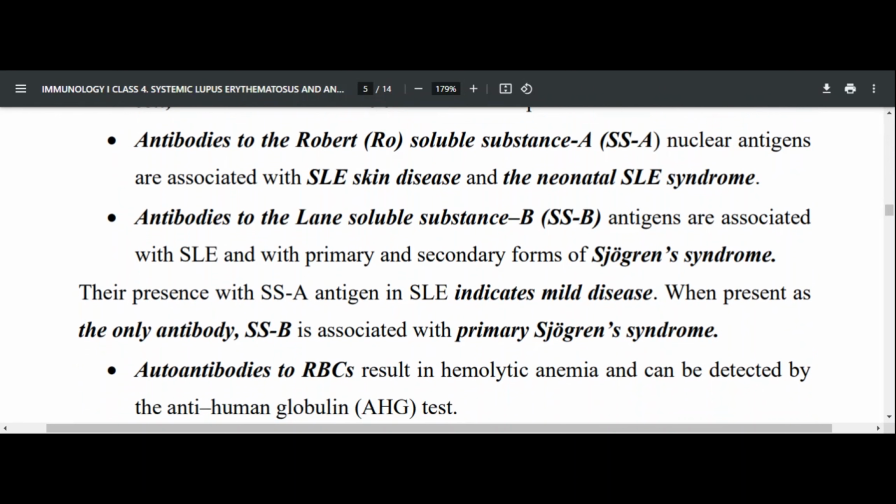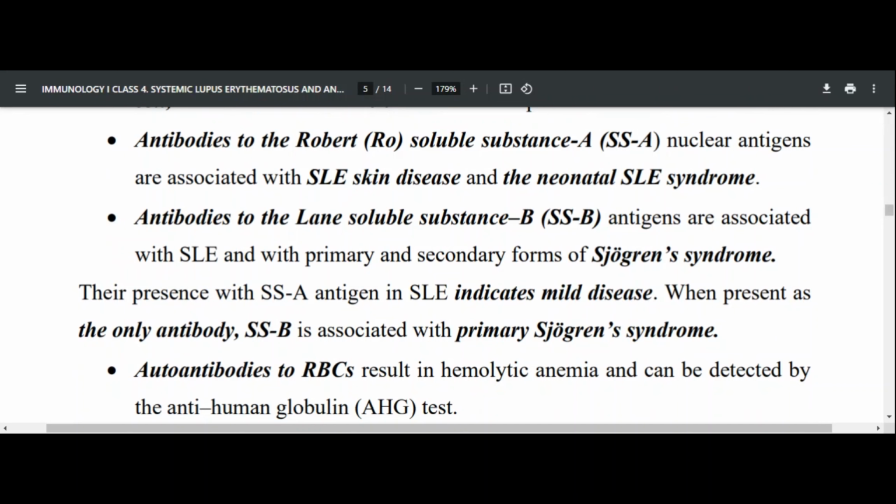Sjogren syndrome is, of course, an exocrine autoimmune disease. When it is involved as well, you also find anti-soluble substance A and anti-soluble substance B, which is anti-La. So they are found in a case of systemic lupus, but with involvement of Sjogren syndrome.